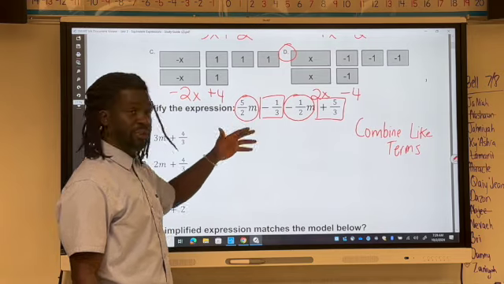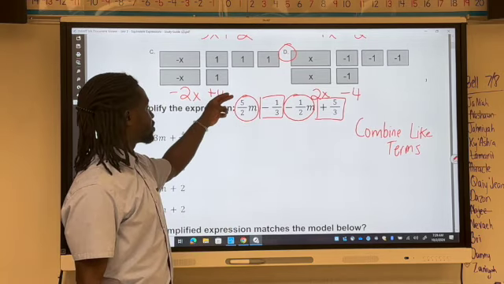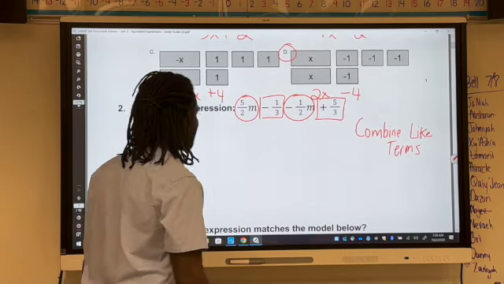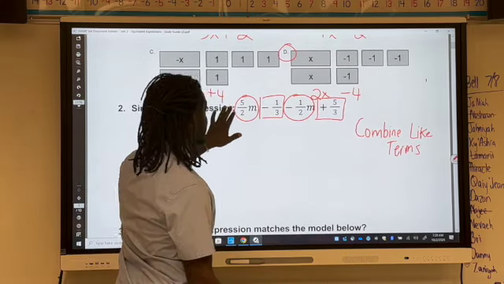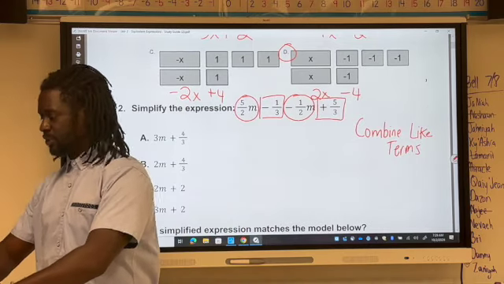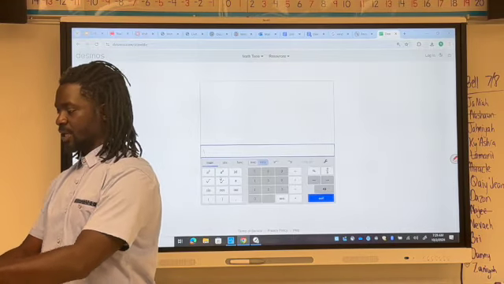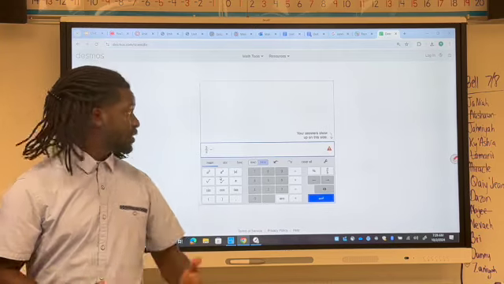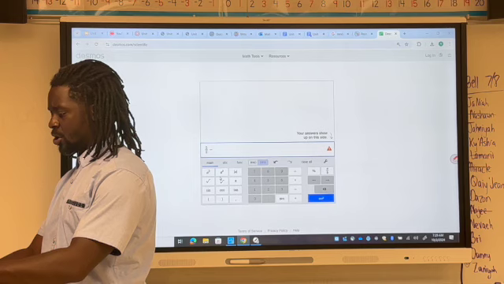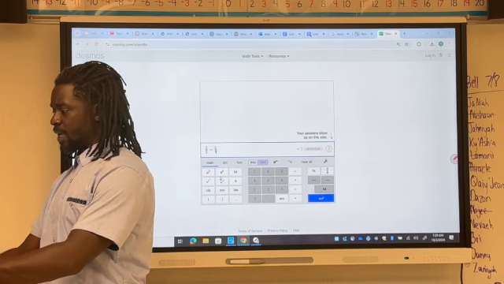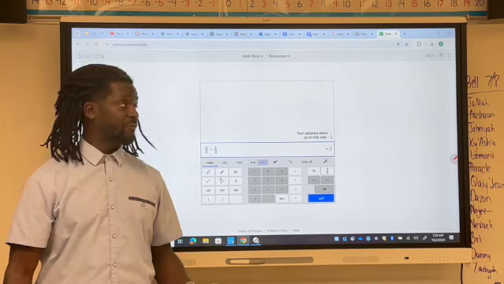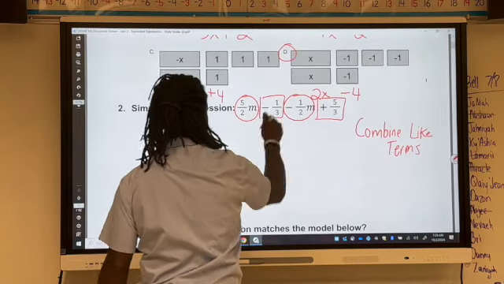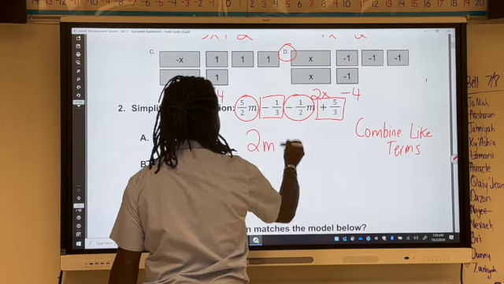I just want you to treat this fraction as if it was a whole number. So we have 5 over 2 minus 1 over 2, okay? And if I just do that, I'm going to get 4 over 2, but I just want to show you really quickly how that doesn't have to intimidate me. If I don't know how to do that, I can just put it into the calculator, 5 over 2 minus 1 over 2, and it's going to give me 2 as the answer, okay? So when I put those two together, I got 2m, okay?